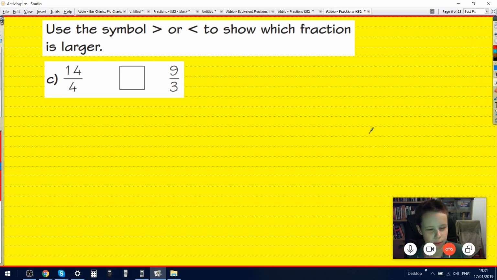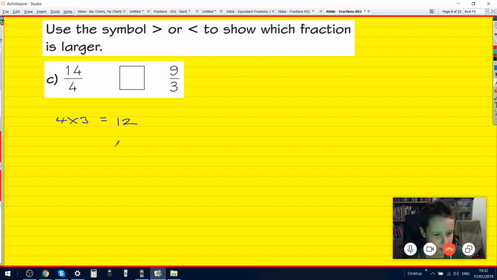Well, it says you need to work out which fraction is larger. And we have 14 over 4 and 9 over 3, both of which are improper fractions. But I think again you need to make the denominator the same. So you would do 4 times 3, which is 12, and that's the denominator sorted.